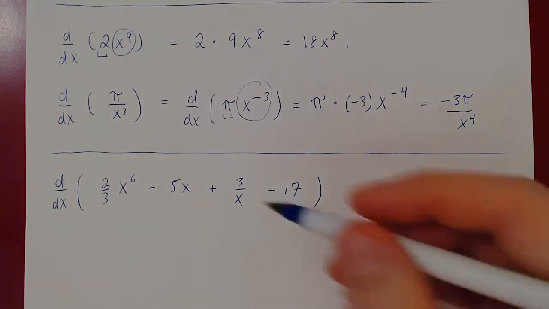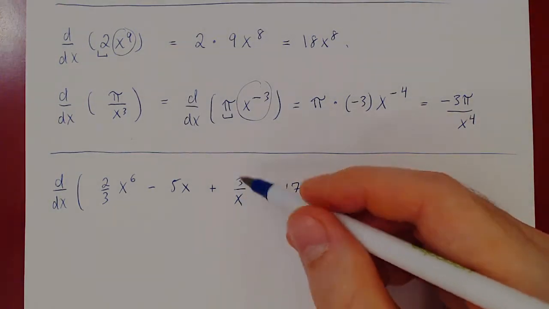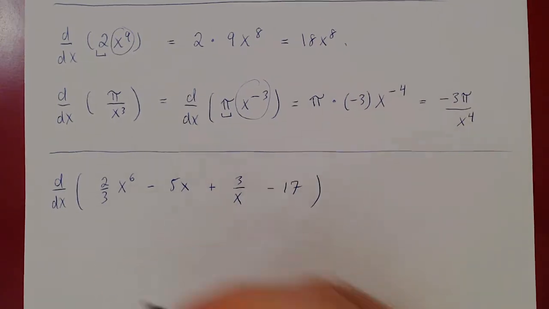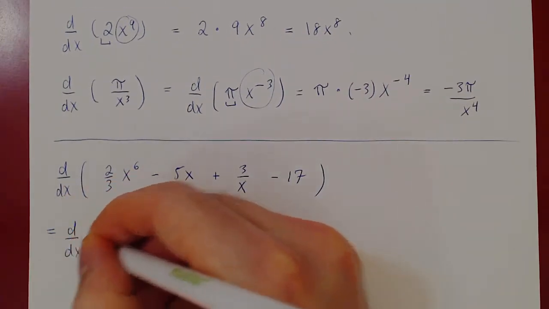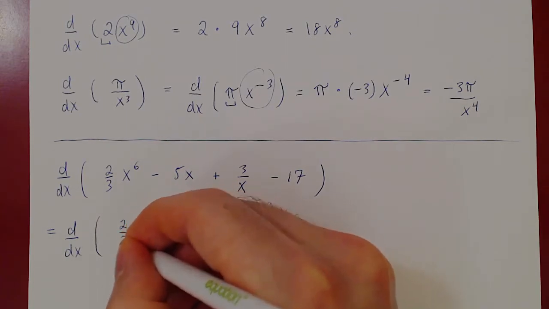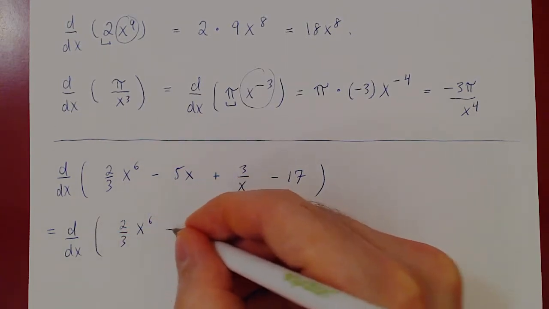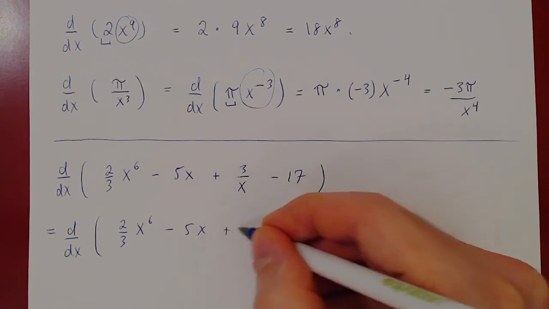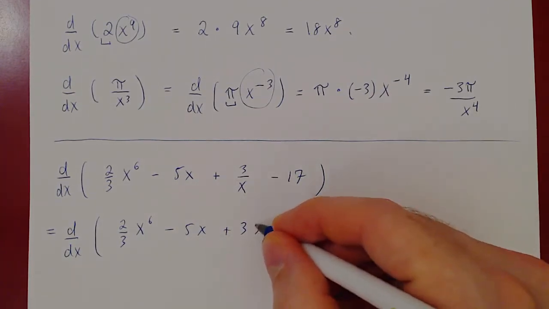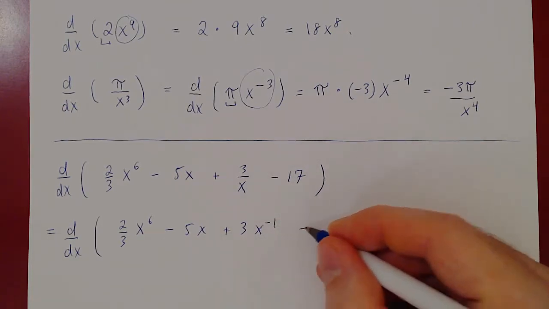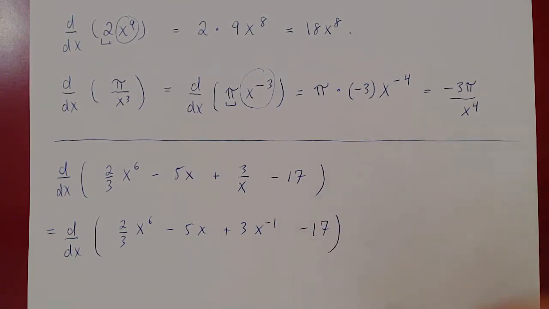Before we move on, we have to rewrite 3 over x as 3 times a power of x. So we have the derivative of 2/3 times x to the 6 minus 5x plus 3 times 1 over x is x to the negative 1 minus 17. And now we can apply all the rules together. Sum difference rule, constant rule, power rule, constant multiple rule.